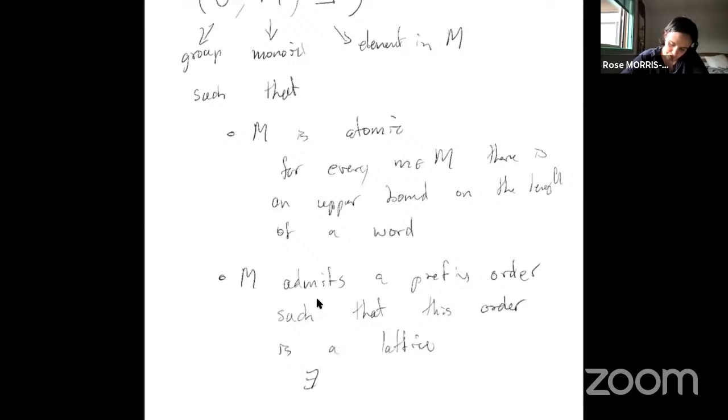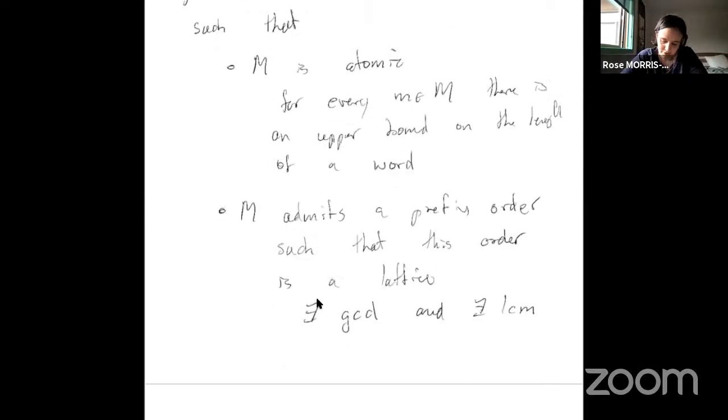So in other words, there exist these GCDs, and also there's going to exist an LCM, a least common multiple, for every pair of elements in my monoid. And this is the main property that finite type Artin groups have and that infinite type ones don't have. This is where it all breaks down.